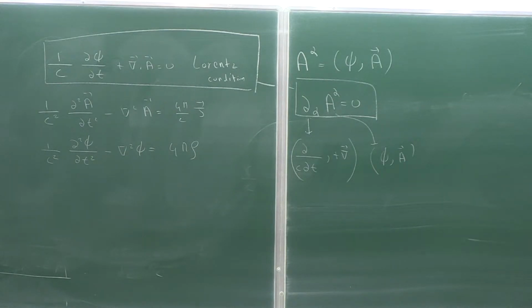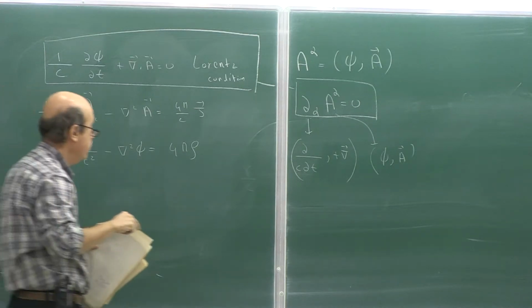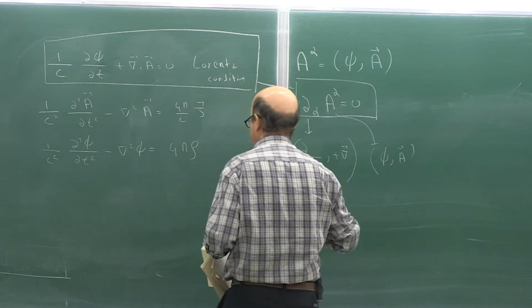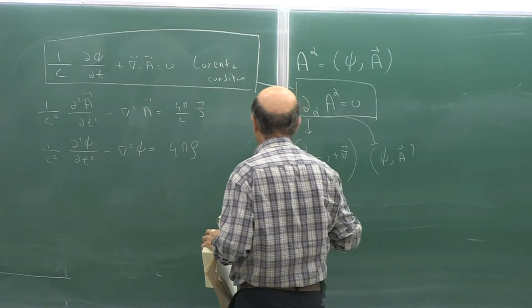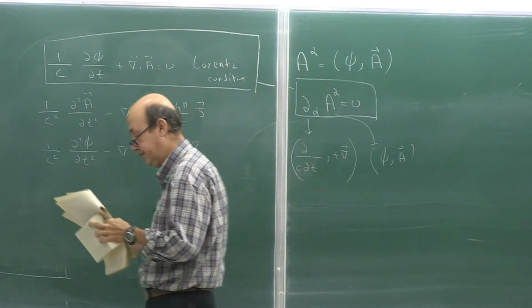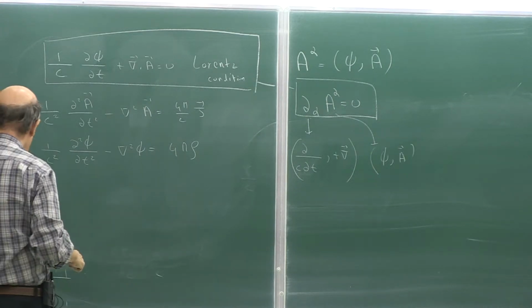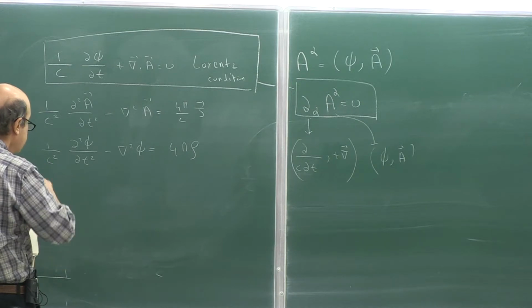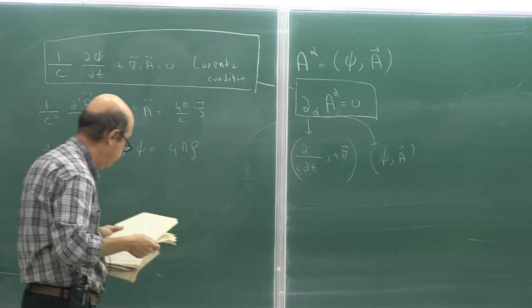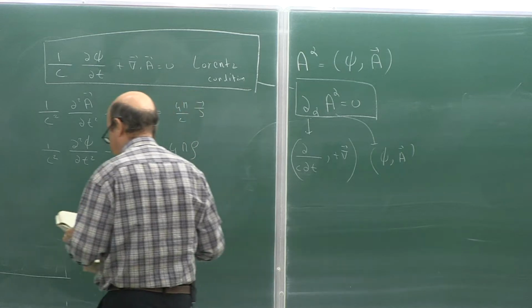Next, we learned the 4-dimensional potential. We also learned the 4-dimensional current density, and that automatically satisfies the Lorentz condition in all frames. And what else? Now we have two inhomogeneous wave equations. How can we express these in a covariant form? Yes, we can. We have another tool.